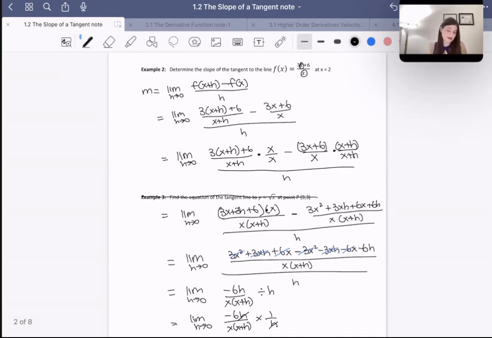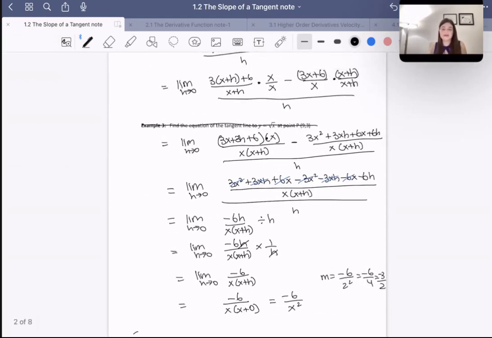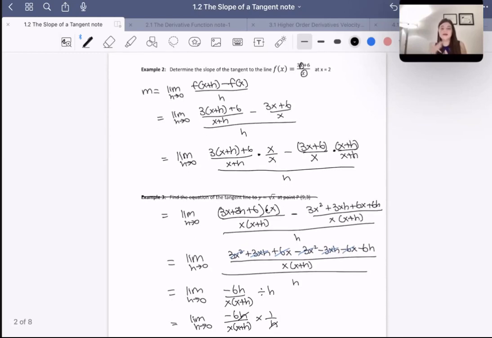So there we go. I know that one was a long one, but let's recap what we do if we have fractions as our function that we are trying to differentiate using first principles. We need to make sure that the denominators of the fractions that we are subtracting are the same. Then we expand and simplify those fractions.